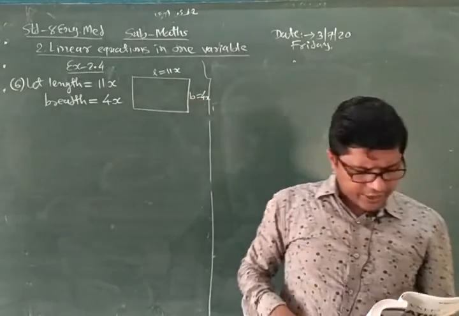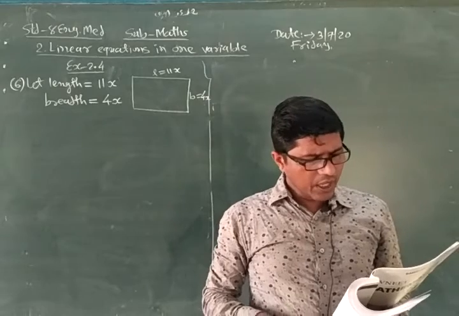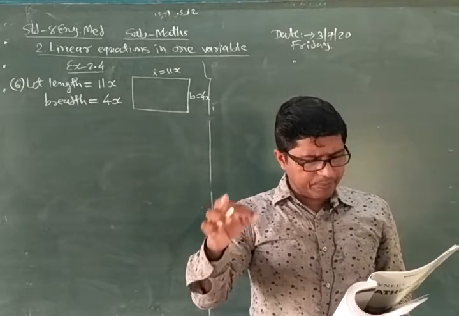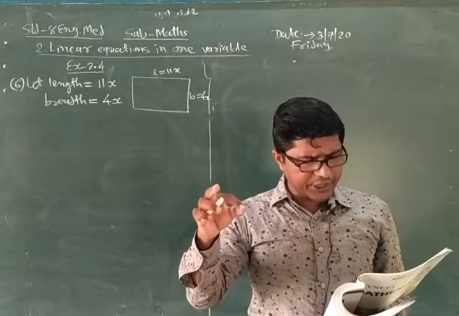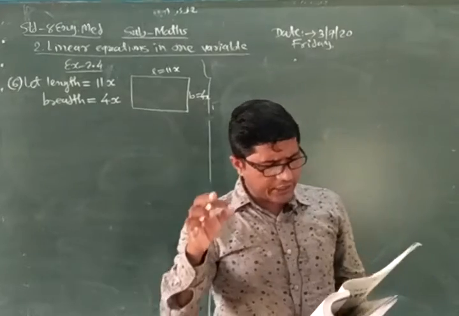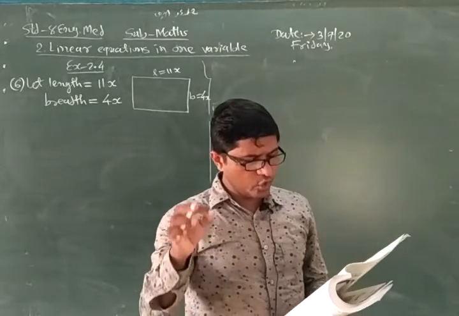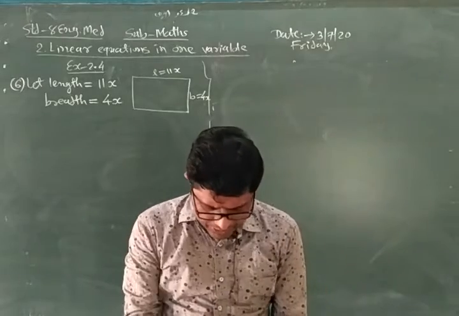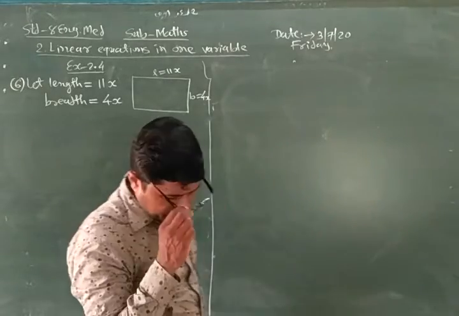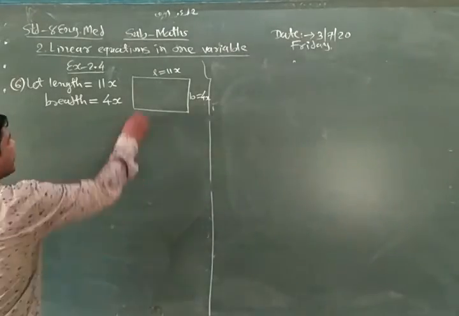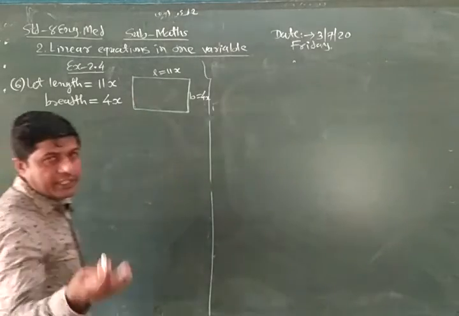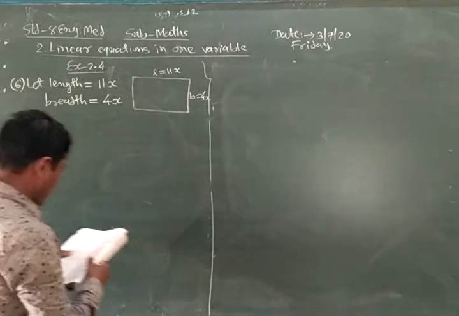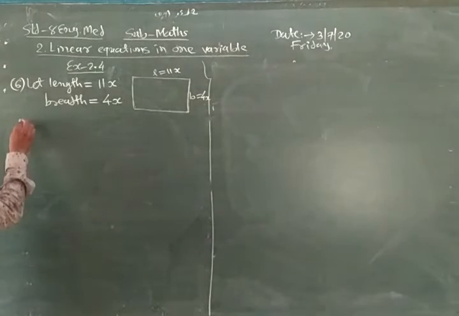Now at the rate of ₹100 per meter, the cost to the village Panchayat for the fencing is ₹75,000. Here fencing means perimeter, and we want to find the fencing. Okay, fencing means perimeter. We take the perimeter of a rectangle.